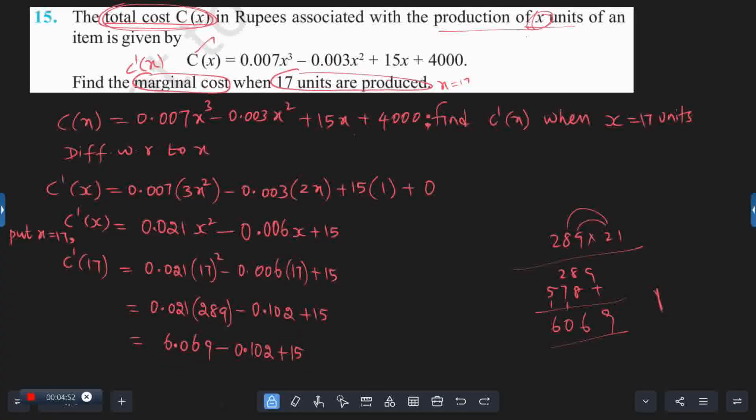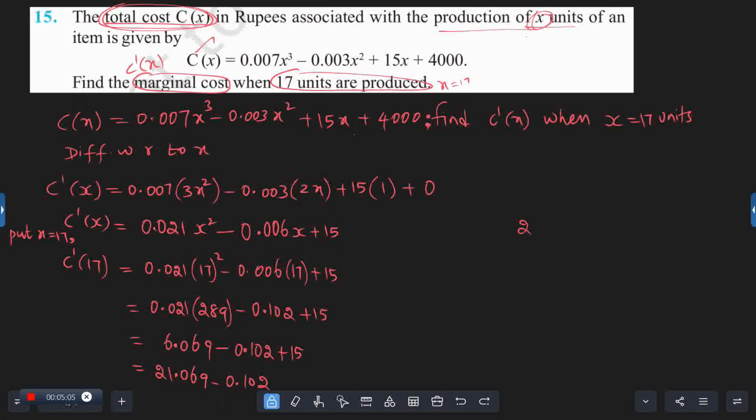Both when you add, what am I getting, 15 plus 6, 21.069 minus 0.102. So we have to subtract these both. So when you subtract, what are we getting? 21.069 minus 0.102. Subtract.